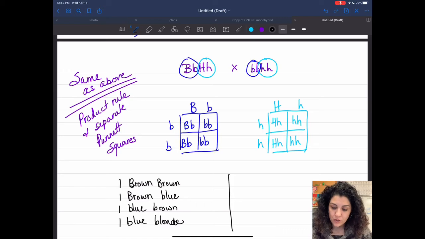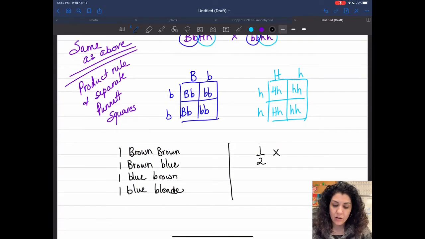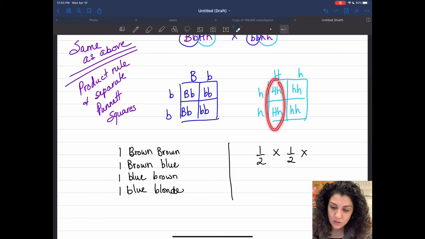And now the other question said, what is the probability of having a girl, we said, with brown hair and blue eyes? So I'm going to look at the blue eyes here, and ask, what is the chance of me having blue eyes? That's a half. So I'm going to put a half there. And I also need, what is the chance of me having brown?